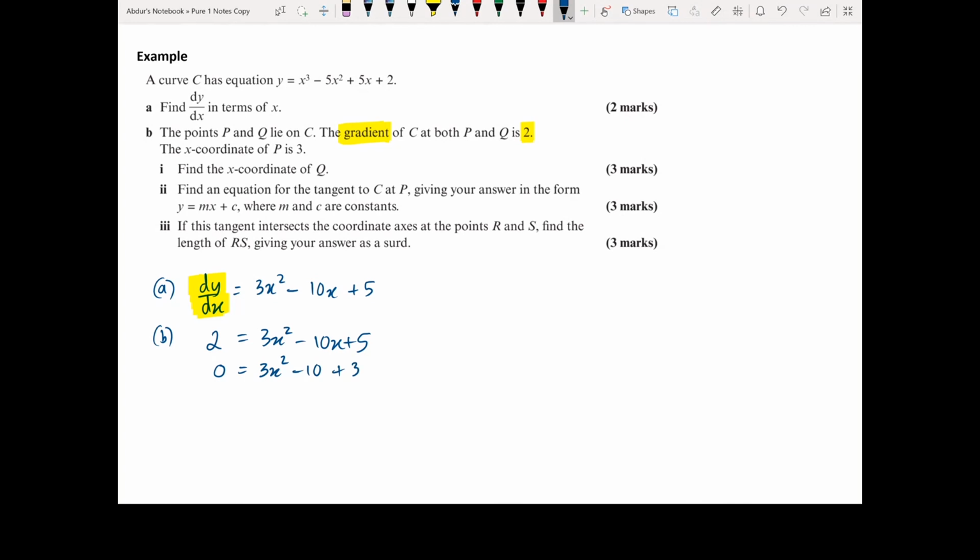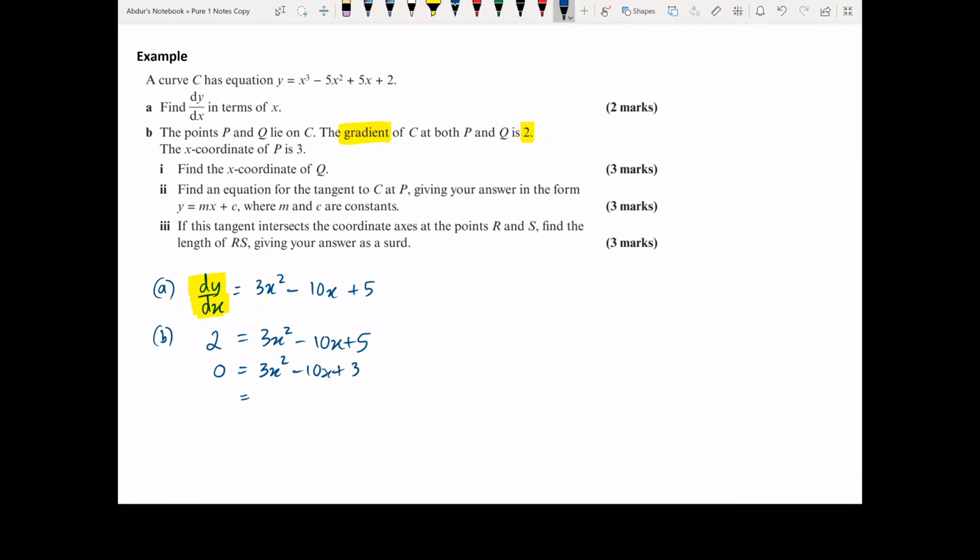So we've got our quadratic equation here, and we can factorize this, or we can use our calculator to solve this. So use the equation function on our calculator, polynomial of order 2. The coefficient of x squared is 3. The coefficient of x is minus 10.